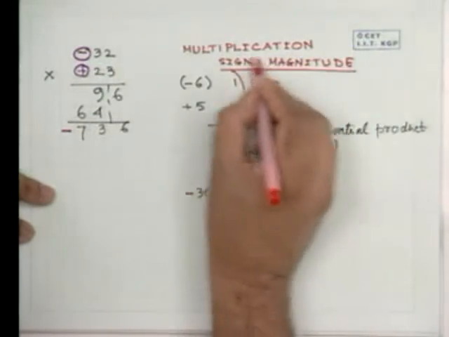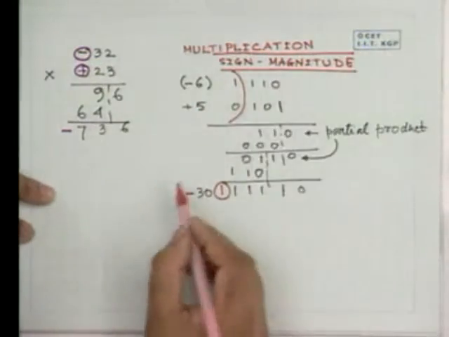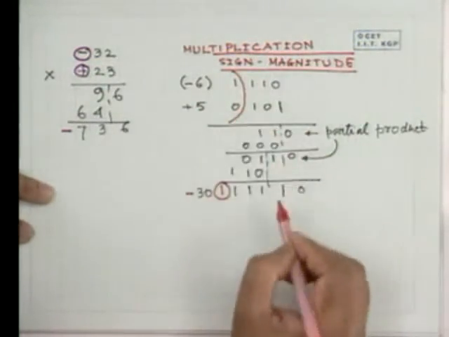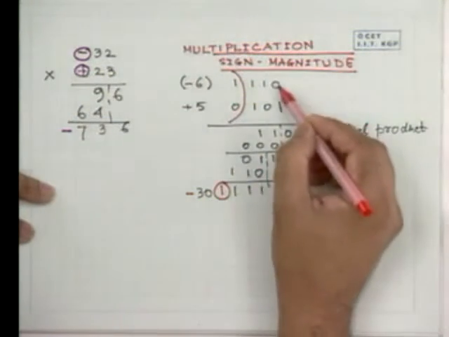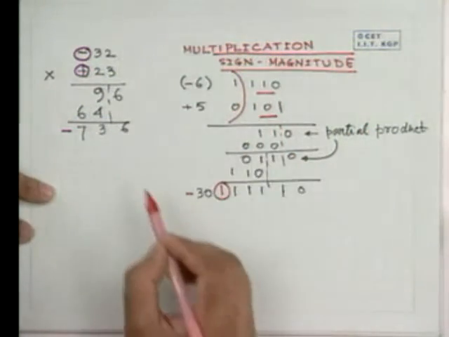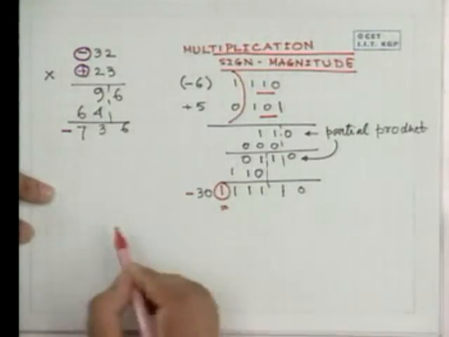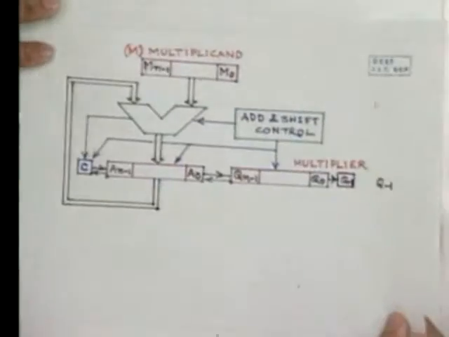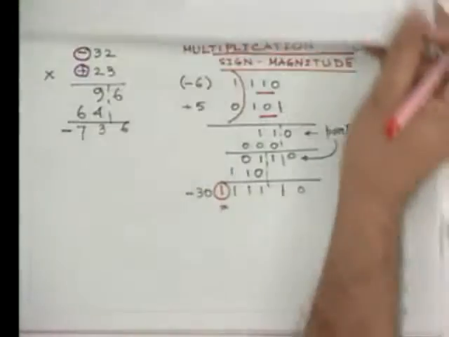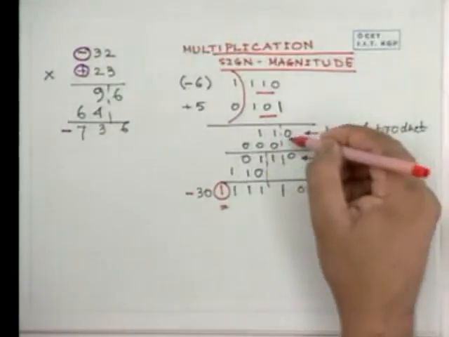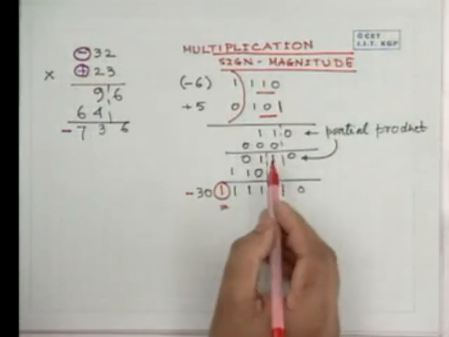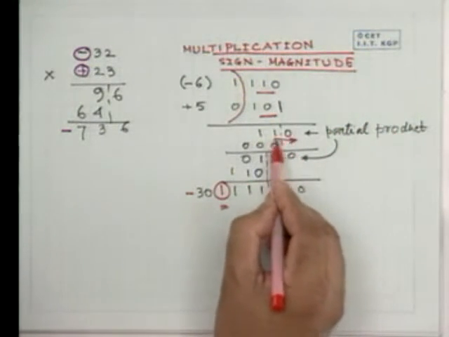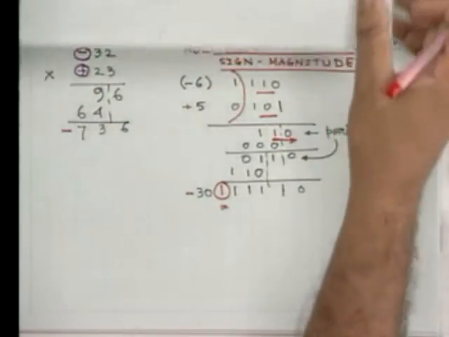Now, in the sign magnitude representation, we are forgetting the sign, doing the multiplication on these two unsigned portions, and then deciding about the sign. The hardware that is needed, therefore, is basically an addition operation and a shifting operation, as we have done over here.